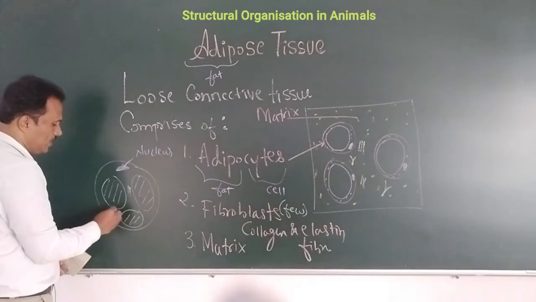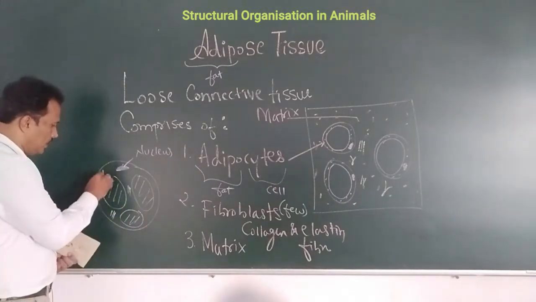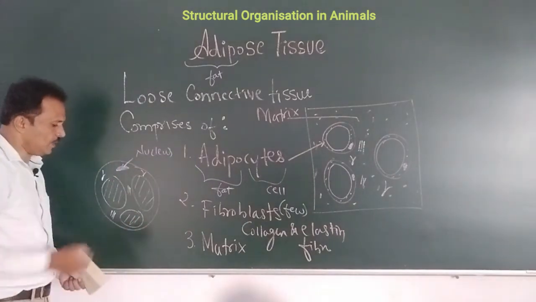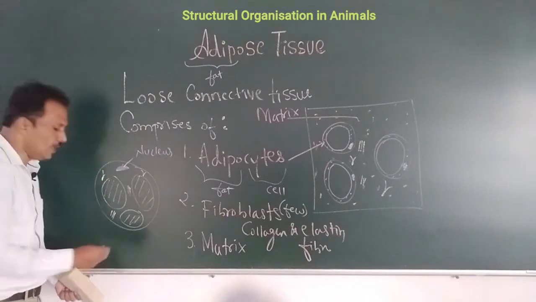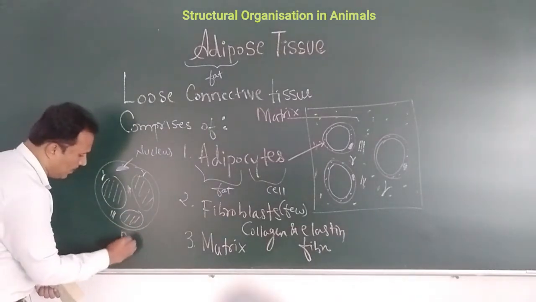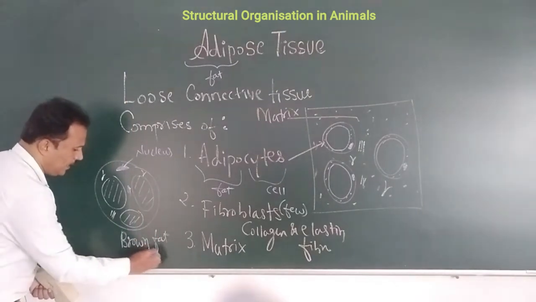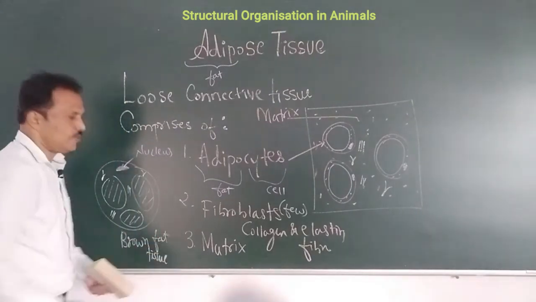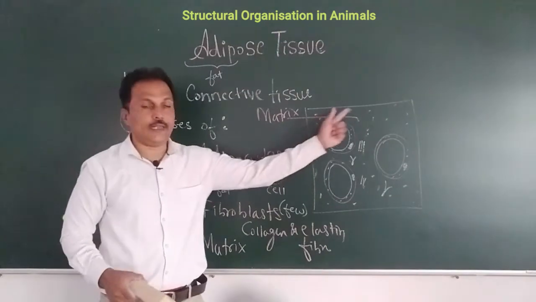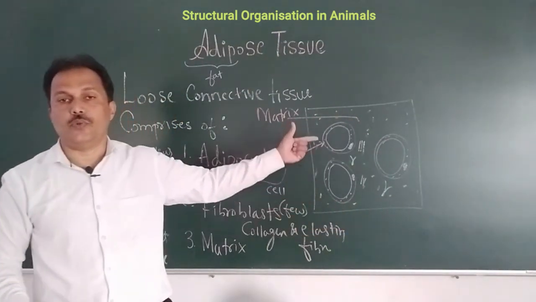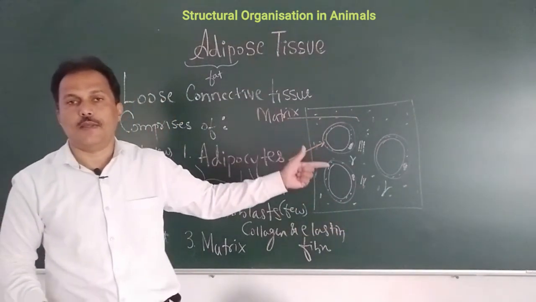Again these are the collagen and these are the elastin, but more than one fat globule is present in brown fat tissue, which we will discuss in detail subsequently. So this is how adipose connective tissue appears.